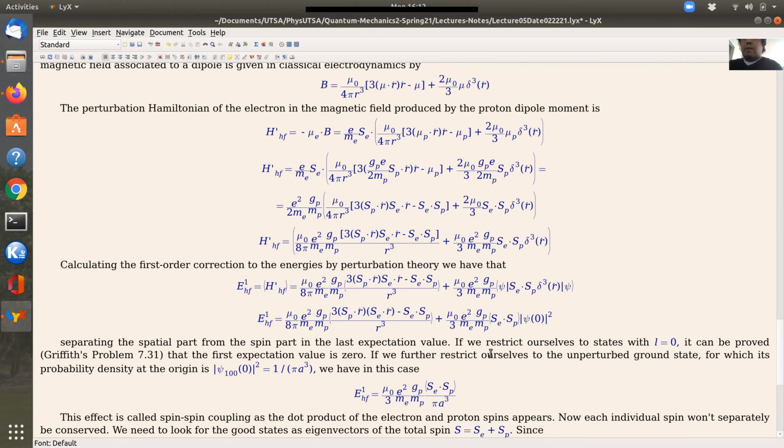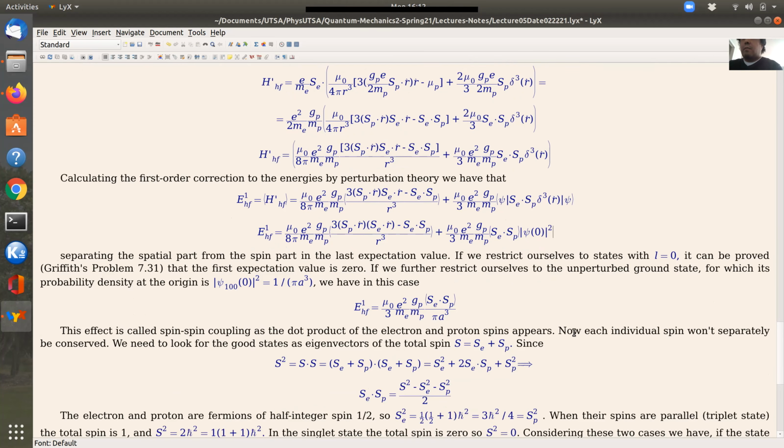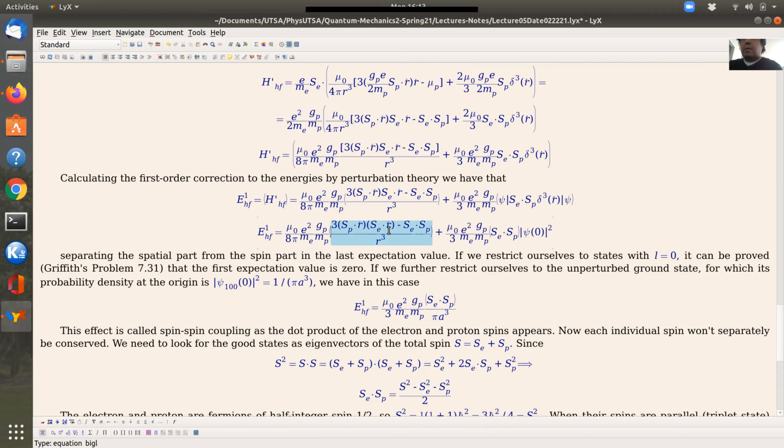For this other, the term is more involved. So actually, what we're going to do is to simply consider a simple case, which are states where the angular momentum number L is equal to zero. And you can prove, and this is going to be the second problem of the homework, that the first expectation value is zero. So in this case, L equal to zero, we can disregard it, and it won't be considered anymore.